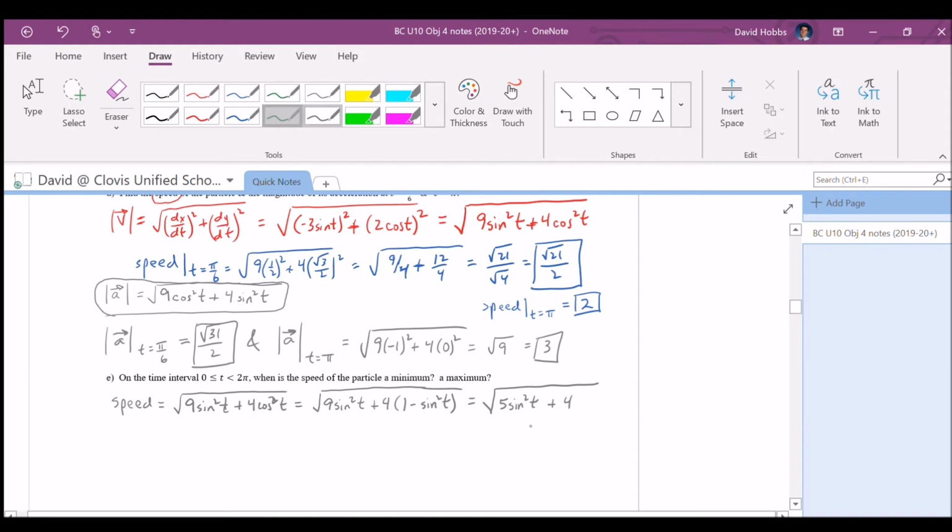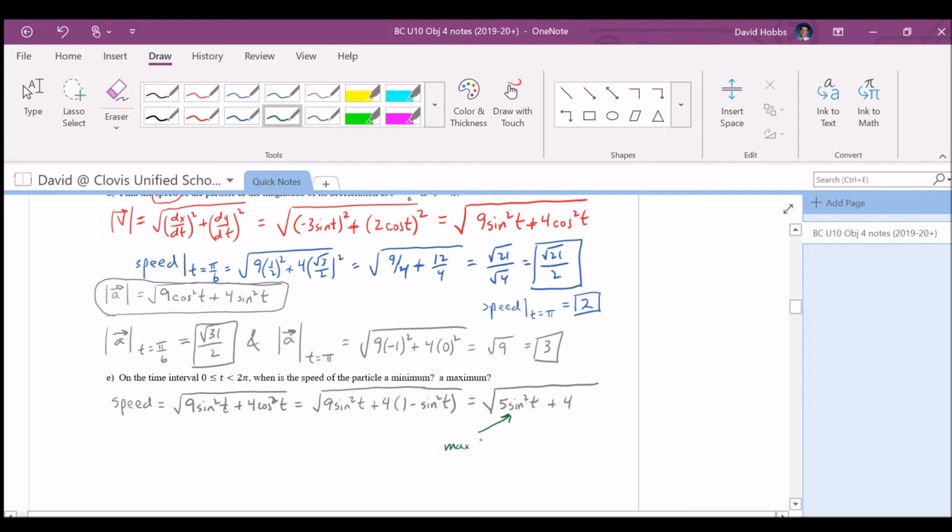Now if we take a look at that, well, let's do the maximum actually.